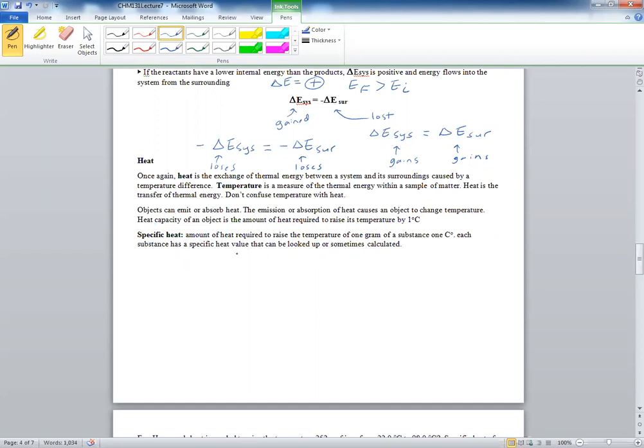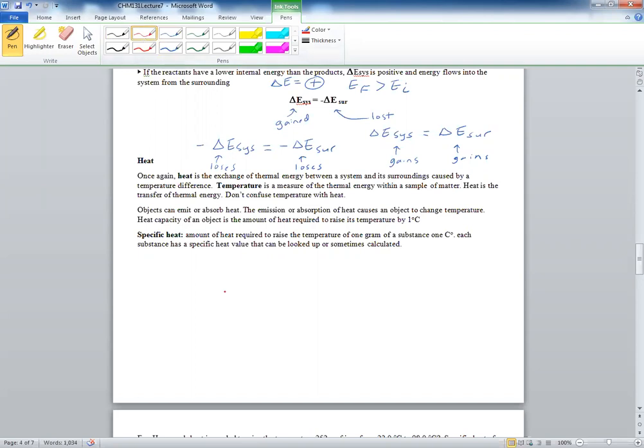And that brings us to something you must have covered in a previous chemistry class called specific heat. Specific heat is the amount of heat required to raise the temperature of 1 gram of a substance 1 degree Celsius. Each substance has a specific heat value that can be looked up or sometimes calculated. I'll give you an example, and please make sure you understand this concept.